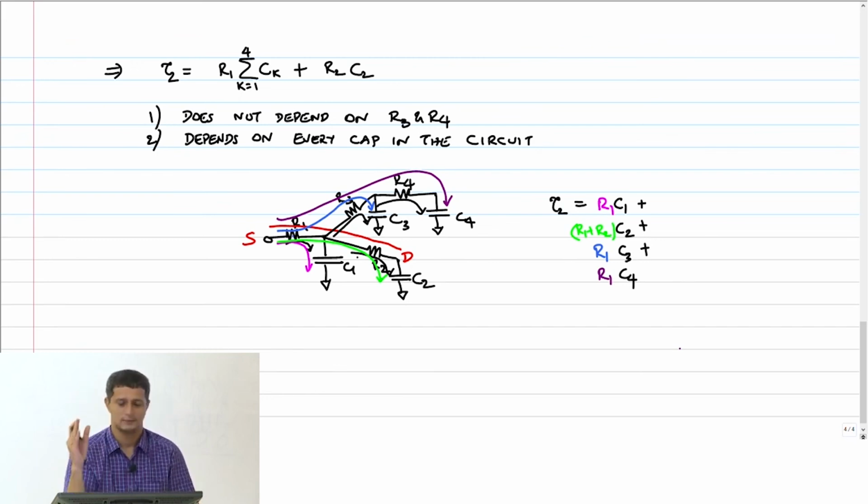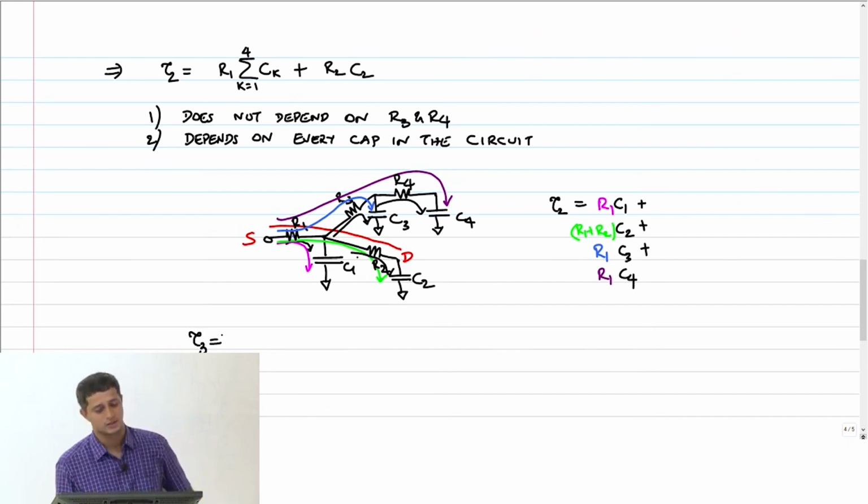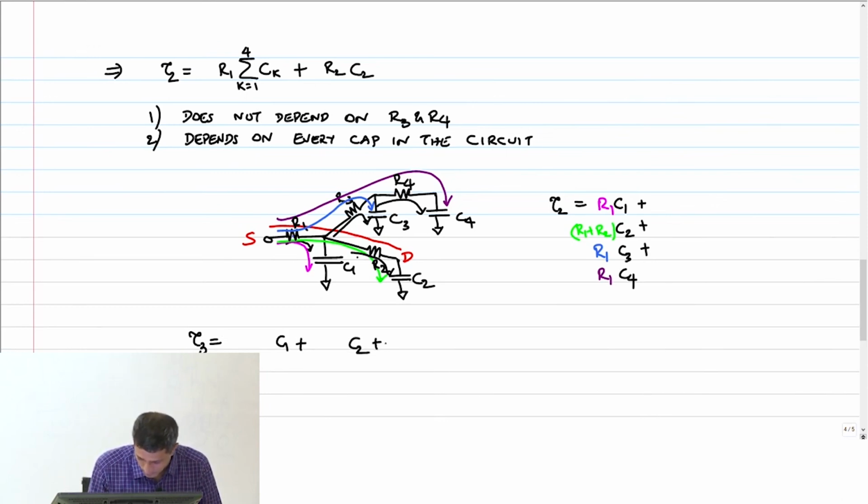Okay, so let's just maybe do one more example so that we get a feel for this. No, I don't have to do a new circuit. Let's do tau 3. Can you tell me what tau 3 should be in this circuit? So what are the steps that I told you? First, you put down all the capacitors, right?